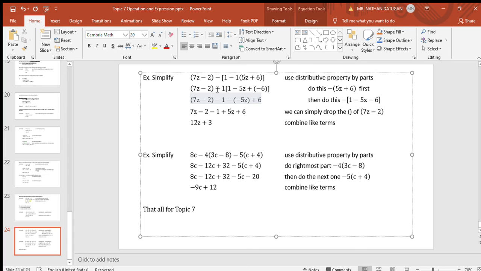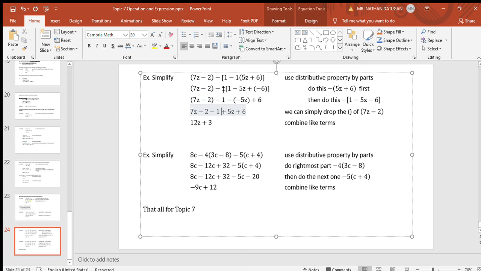So negative 1 times 5z, again, negative stays the same. I kind of changed it a bit from what I taught you so there are no changes, so you don't get confused, but you're going to get the same answer still. So again, first thing first, distribute negative 1 to 1, which will give you negative 1.